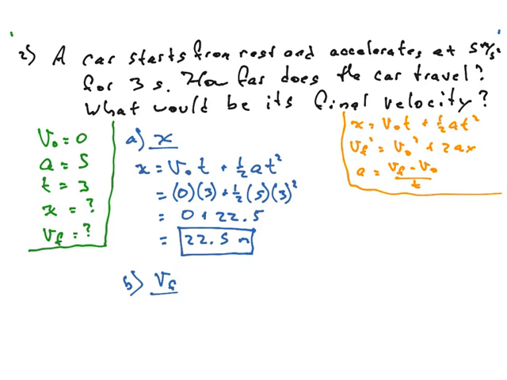Now, let's see which one is easier. If I were to look at this, I would say, okay, the second equation here, VF squared, I would have to take a square root at some point. And also, I'm using my answer from part A to solve it. Okay, that's okay.